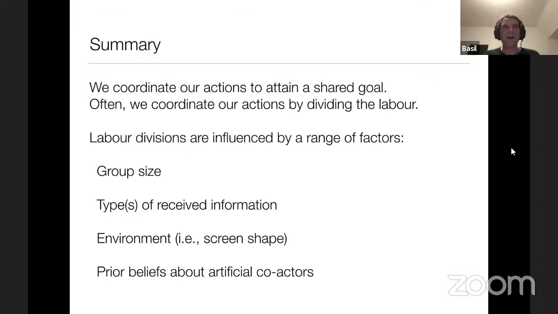I have several suggestions here. So one is that there's an equality bias: you tend to divide the labor in halves, for dyads at least. I feel if they divided it in line with their individual abilities, they could attain a higher performance already.